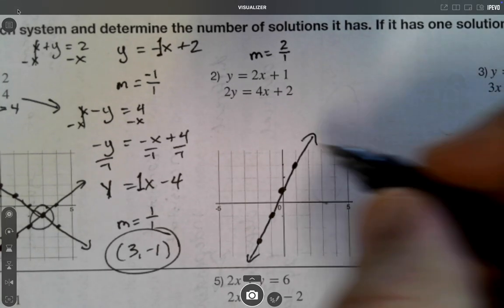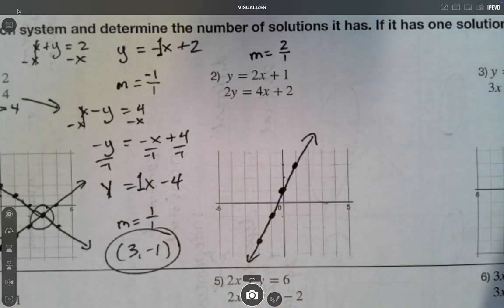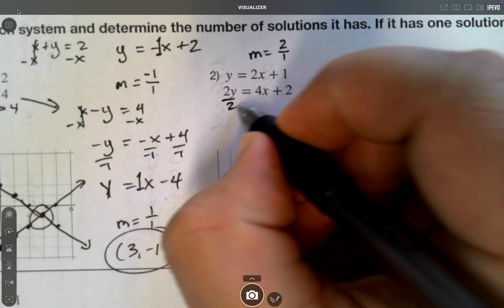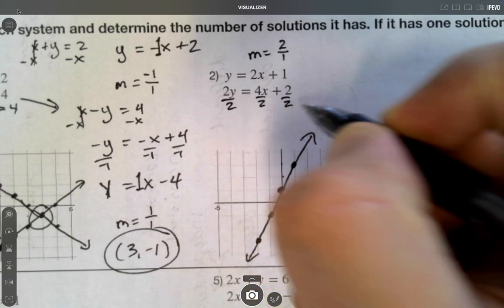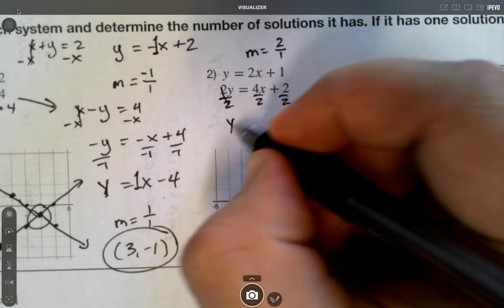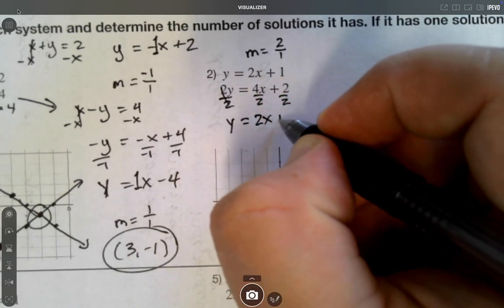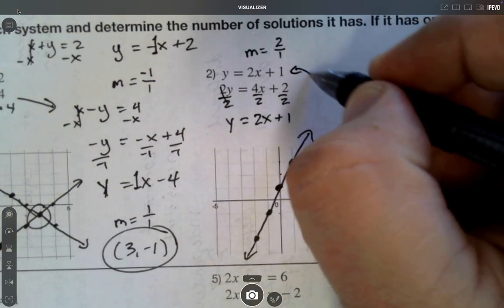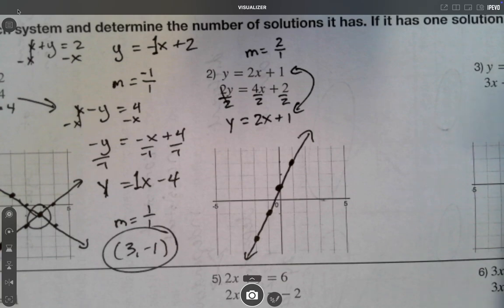Okay, now this one is close to being in slope-intercept form, but we do need to get rid of that 2. So we've got to divide every single piece by 2, giving us y equals 2x plus 1. Hark, these are the same line. So I don't have to graph again because we've already drawn the line.